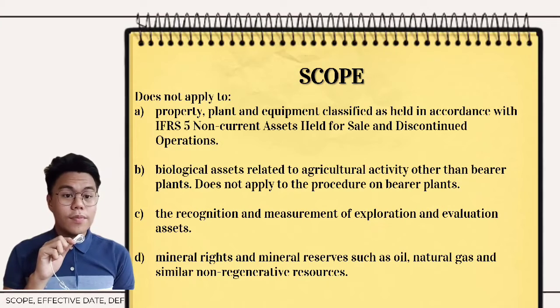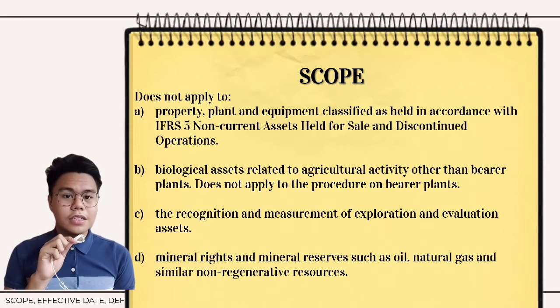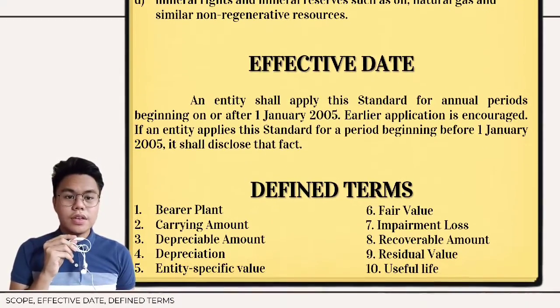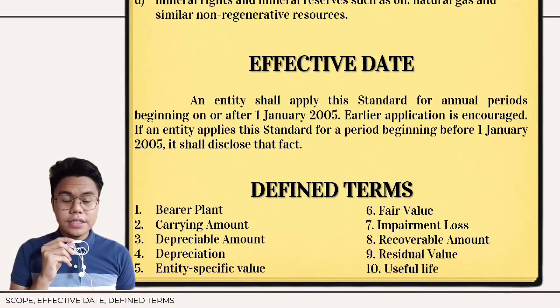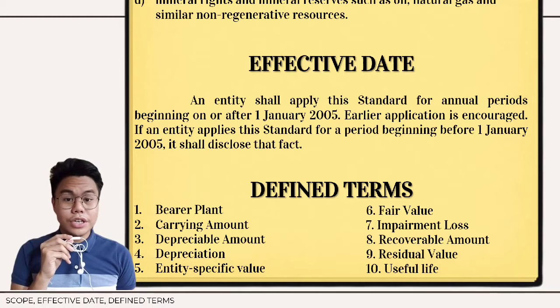Lastly, mineral rights and mineral reserves such as oil, natural gas, and similar non-regenerative resources are excluded from the standard itself. Just for everyone's knowledge, this standard is applied by entities for annual periods starting from the 1st of January 2005.